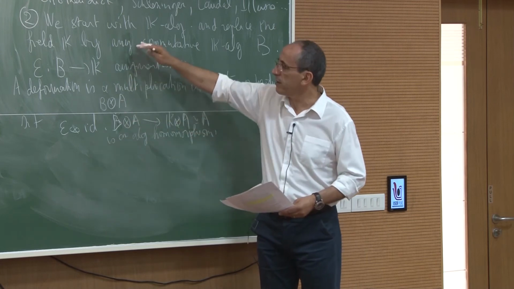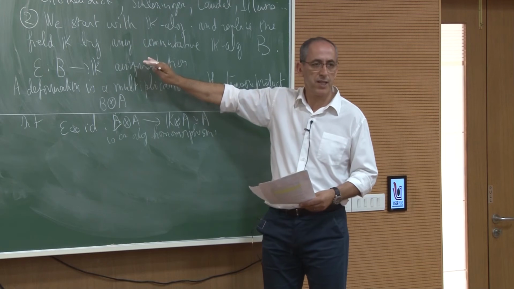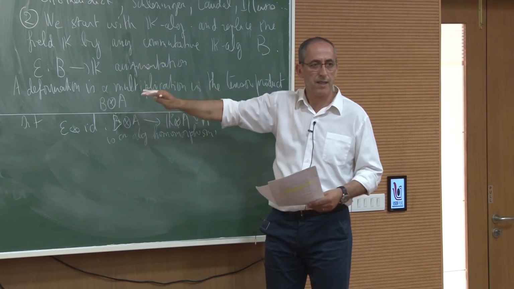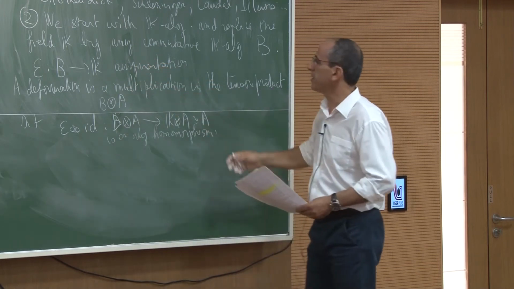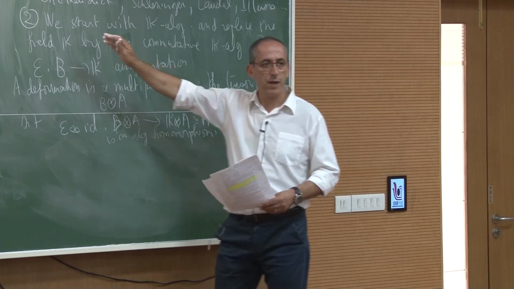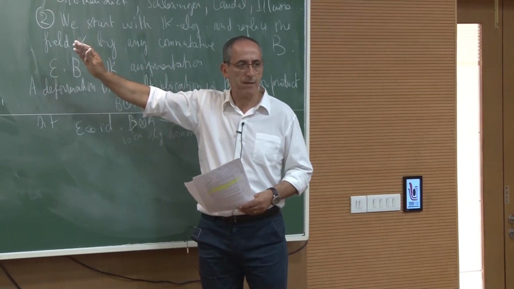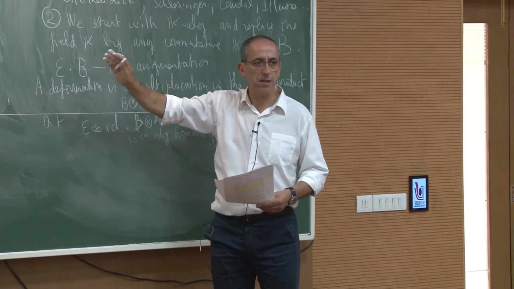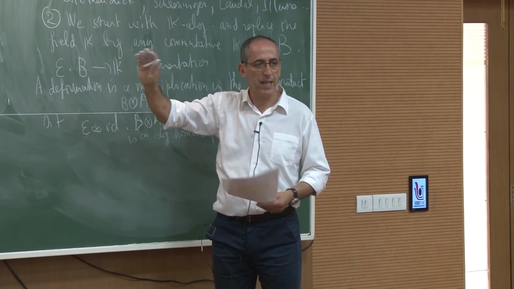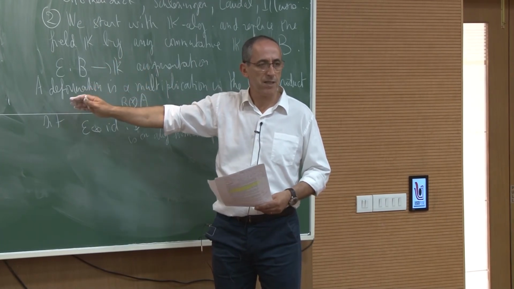Now, of course, we need B and we need also an augmentation. Then the deformation here is defined by a pair B, epsilon. B is a commutative K algebra, and epsilon is an augmentation only.